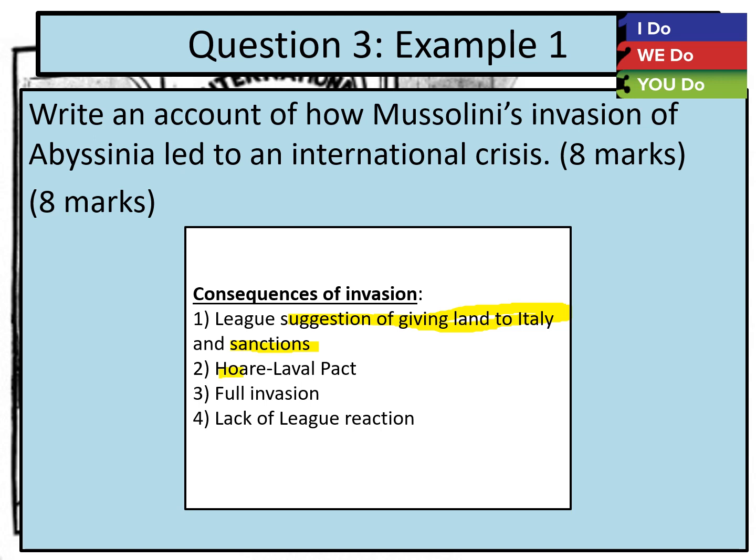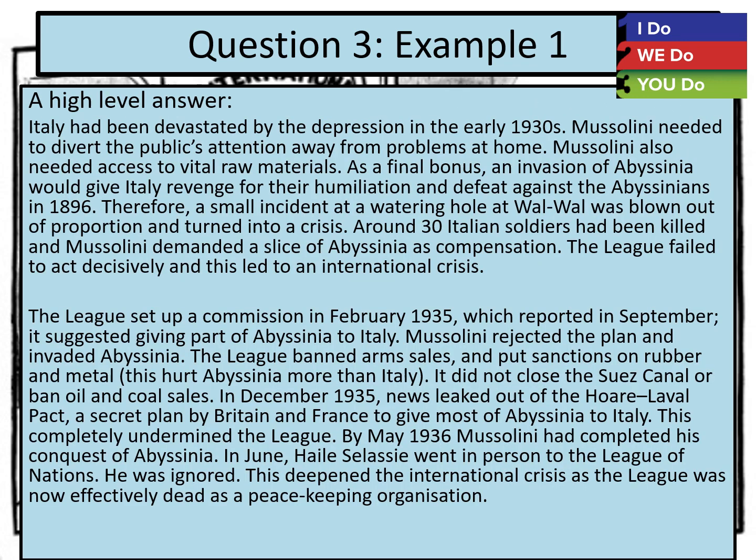Of course, that planned Hoare-Laval Pact between the British and the French, trying to hand over most of Abyssinia to Italy, the full invasion of the country, which Mussolini decided upon because he decided that he wasn't going to get stopped, and then the real lack of League reaction and how that undermined and helped to finish off the League of Nations and, of course, therefore led to an international crisis. The first paragraph, of course, you're going to link back to being an international crisis because the League had to get involved in this incident between the 2 countries.